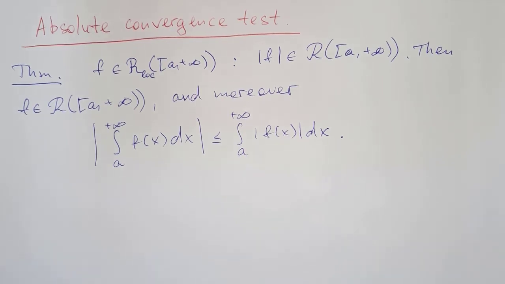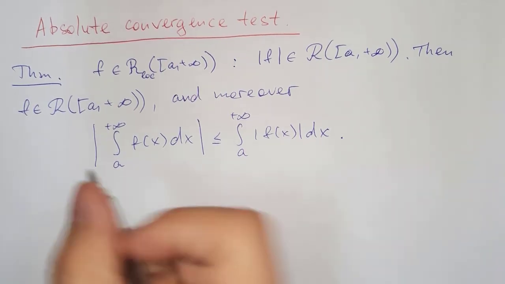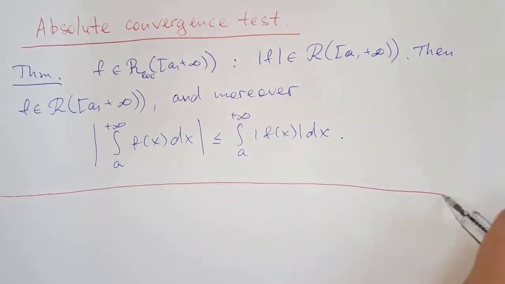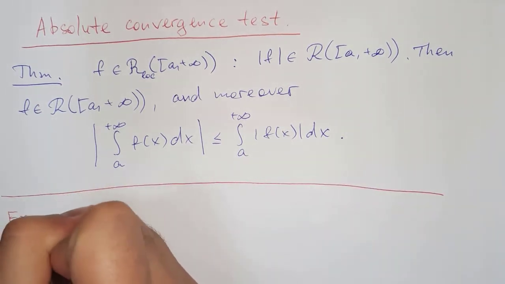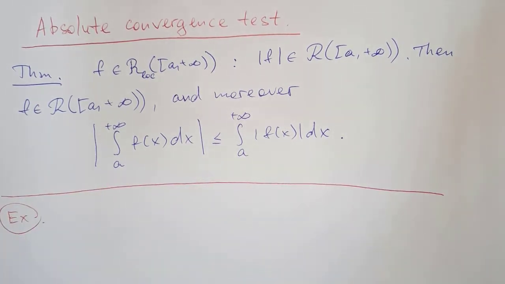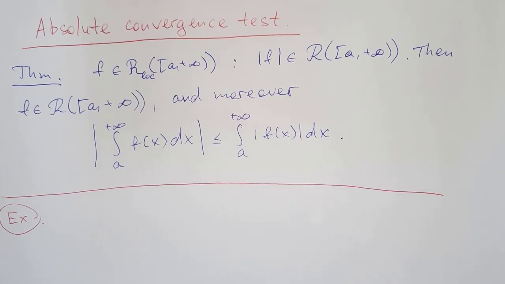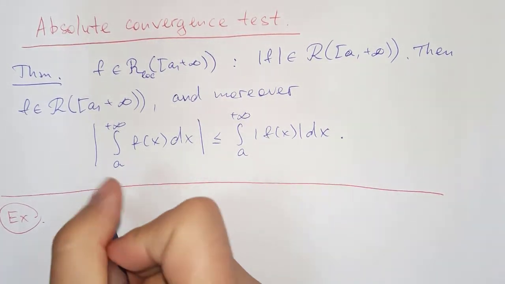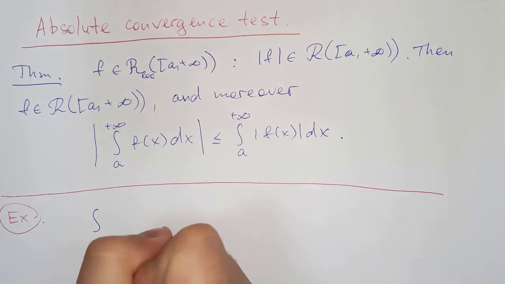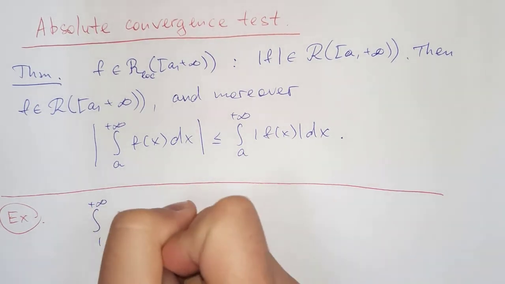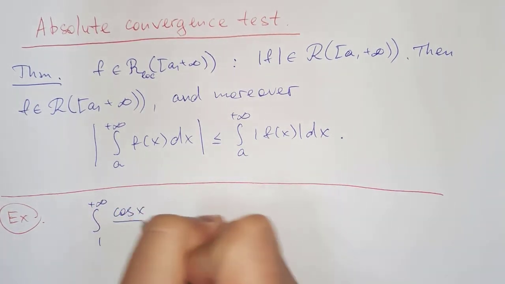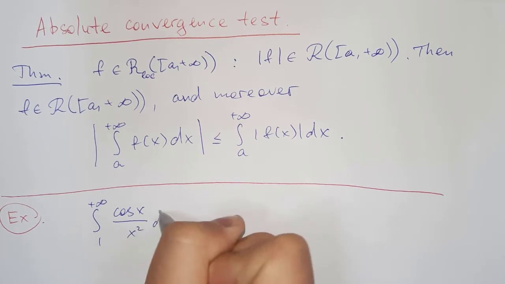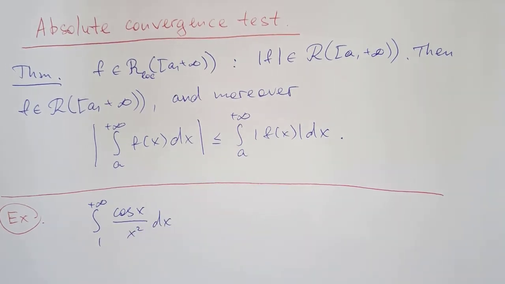Let's consider one example again. Consider the following integral: the integral from 1 to plus infinity of cosine x over x squared dx. So let's use this absolute convergence test.